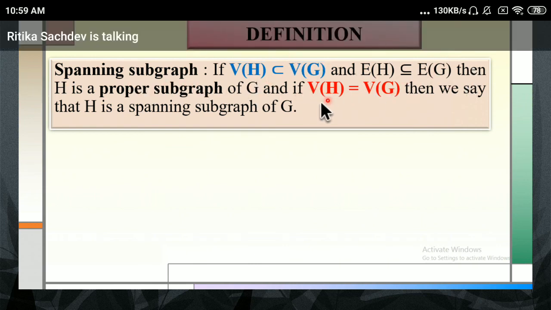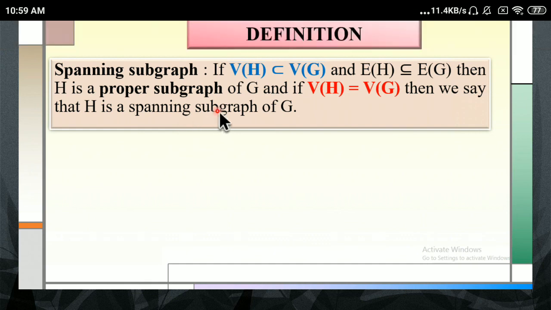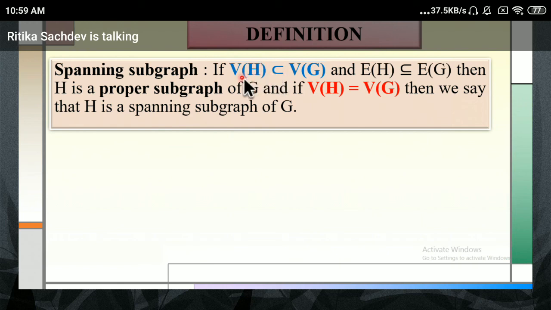If your VH is equal to VG, then we call it a spanning subgraph. Please note there is a difference now. Earlier we had said subset. Now we are bifurcating or classifying that. If it is a proper subset, now you can see V of H is a proper subset of VG. I don't care about edges now.